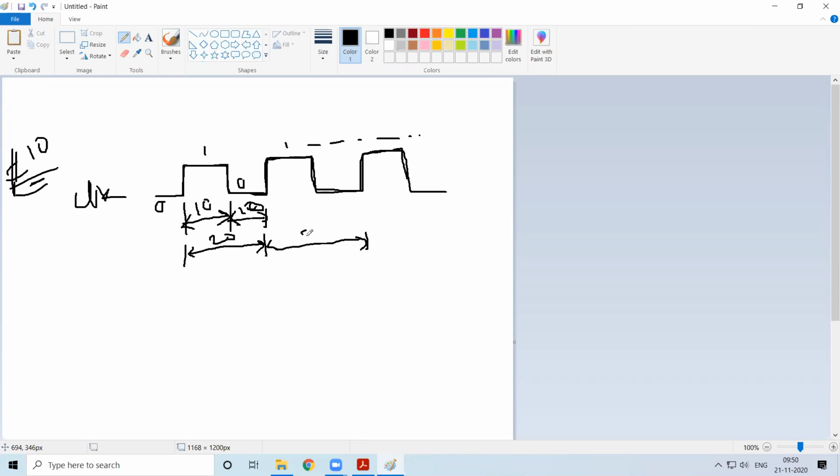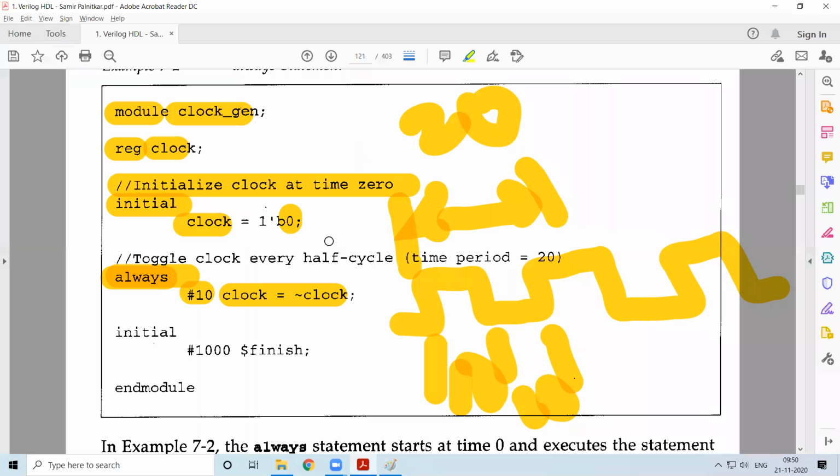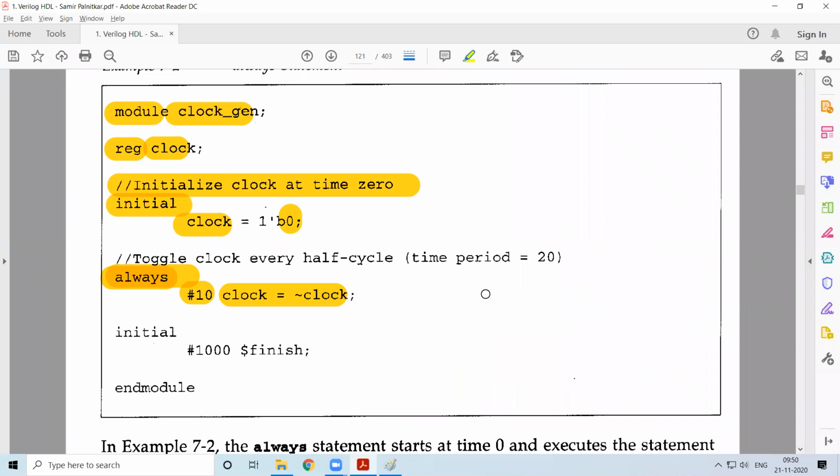After every 20 time units, the clock keeps on repeating. So the clock period is 20 time units. You can make that out from this case. Yes, the time period of the clock is 20. That is what it specifies.